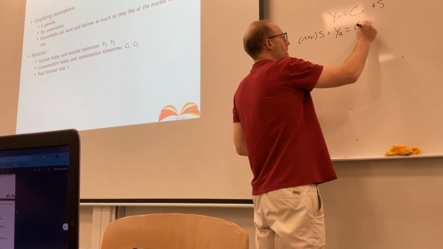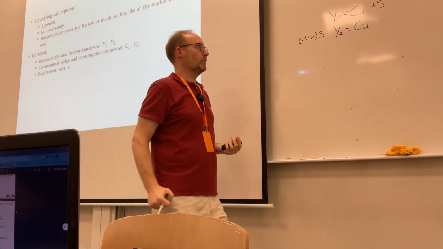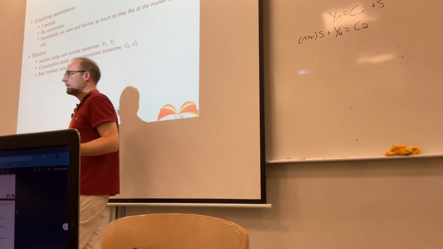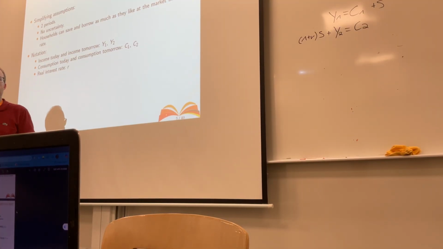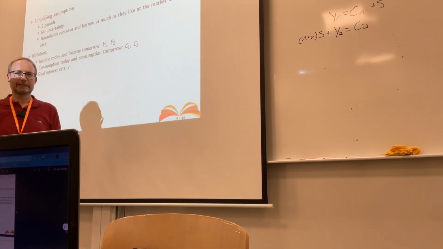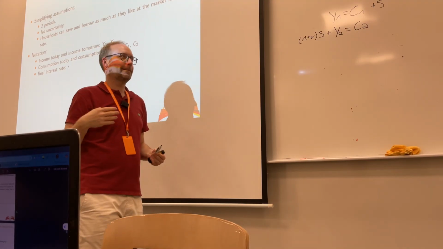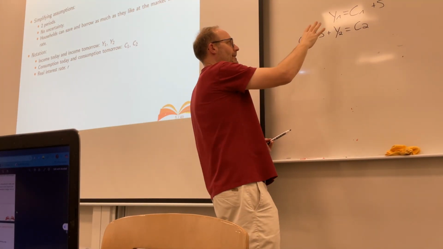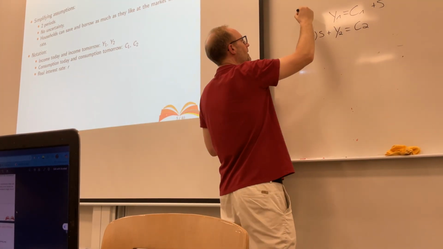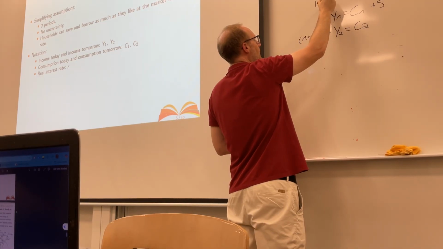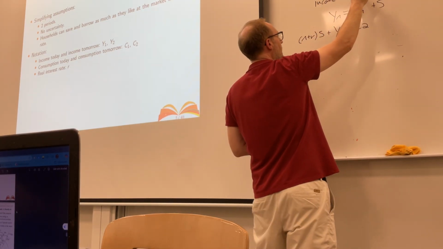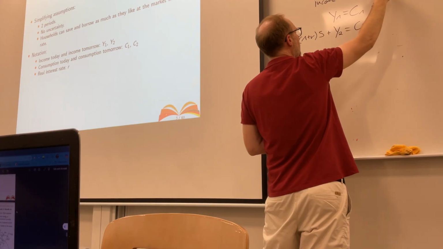And then in period 2, the only thing I can do is consume. Just 2 periods, because there's no reason to save for period 3, because in period 3, I'm no longer alive. So we have income side and expenditure side.